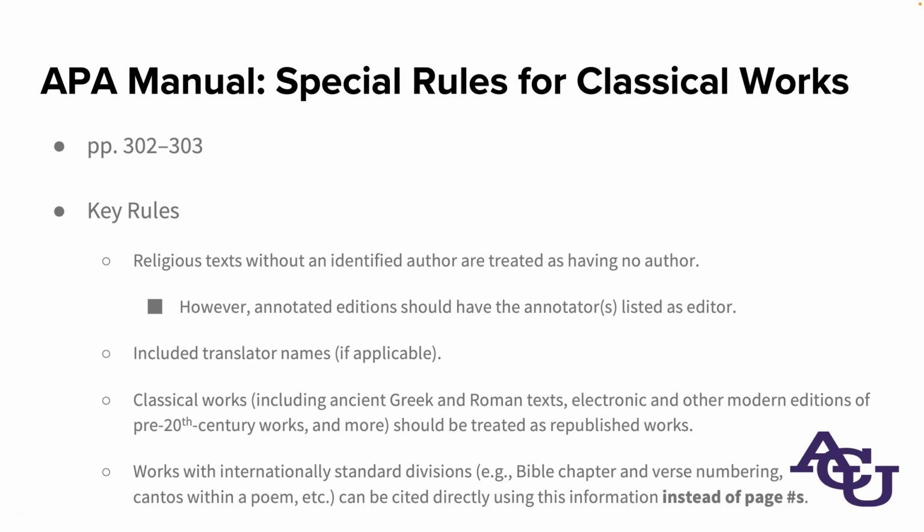And then, as I've mentioned before when we were talking about the Bible, there are certain works that have internationally standardized and agreed upon divisions, like biblical chapter and verse numbering. The poems of Dante, like the Inferno, have agreement. Okay, this is a canto. Within that, here is the verse, and you'll see people agreeing on the counting there.